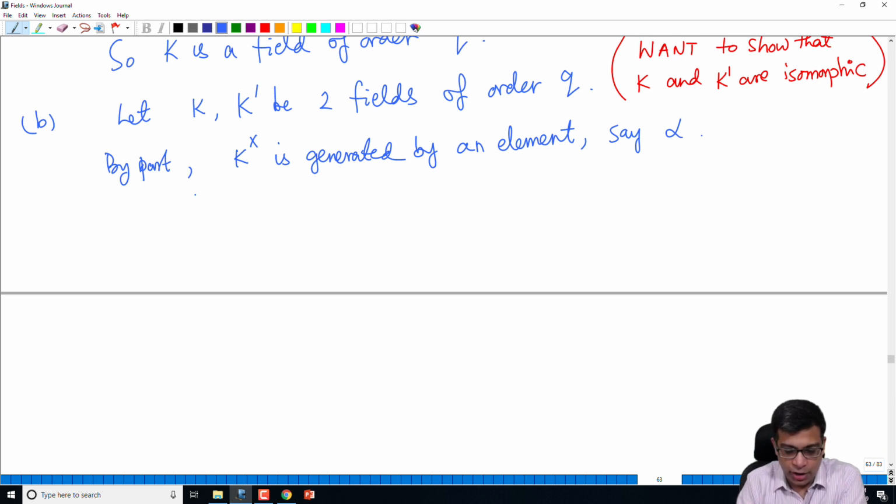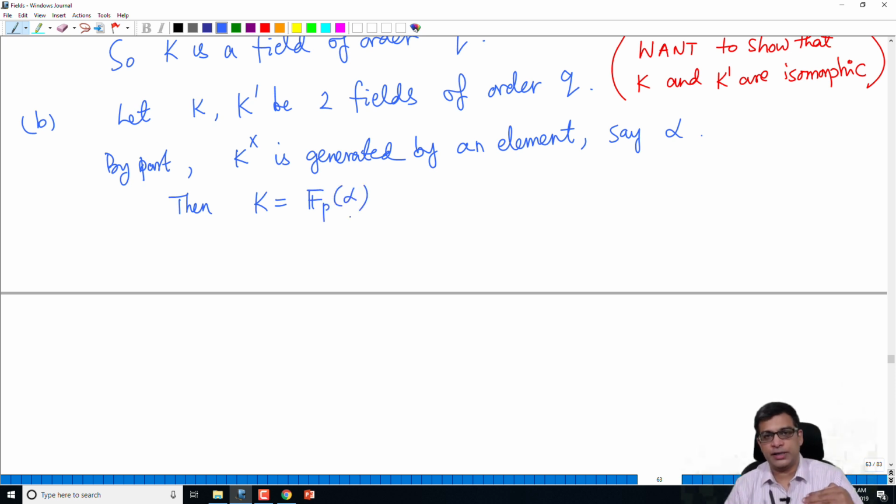So in particular, we must have that k is Fp(alpha). Remember, all these extensions are finite. K and k prime are finite fields, so they are finite extensions of Fp. Certainly, if a finite field is there, the dimension is also finite. So it's a finite extension, so it's an algebraic extension, and in fact, alpha generates it, because this is easy.